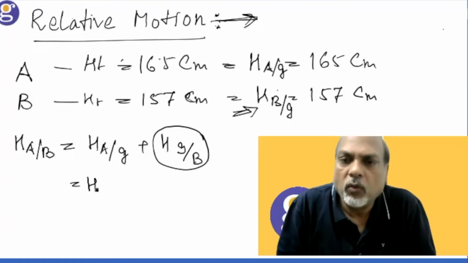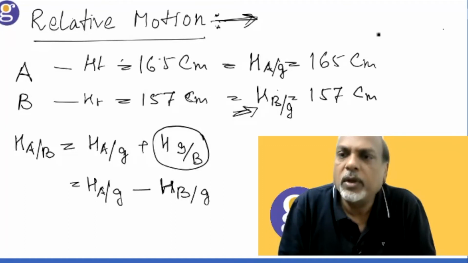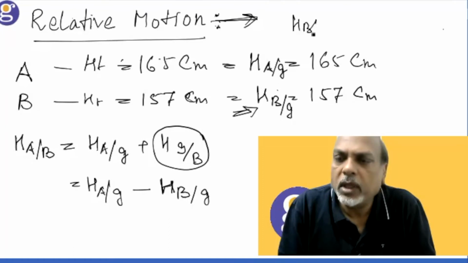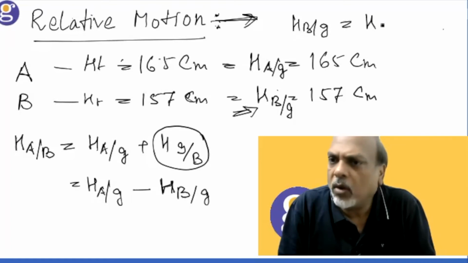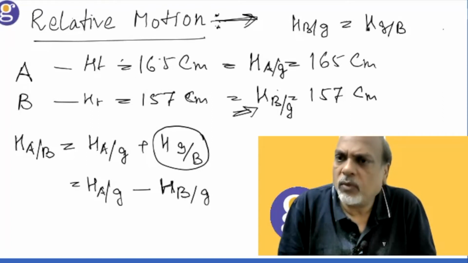So what we can write here is, this is nothing but height of B with respect to ground. That means height of B with respect to ground is nothing but height of ground with respect to B, and this is of course with minus sign.